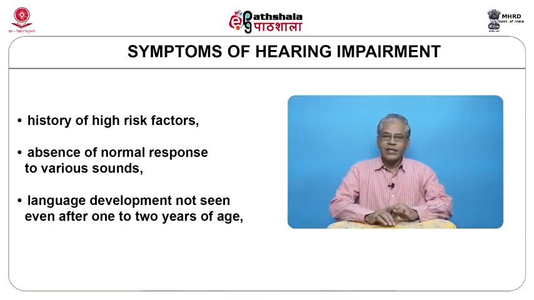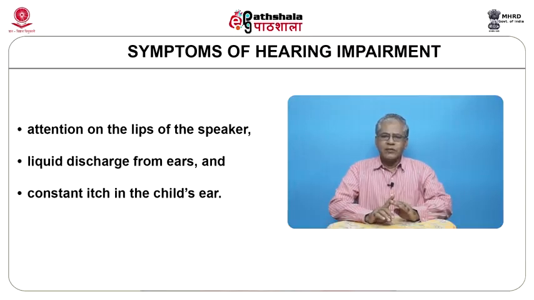A child with a hearing impairment can be identified during childhood through symptoms such as a history of high risk factors, absence of normal response to various sounds, language development not seen even after 1 to 2 years of age, attention on the lips of the speaker, liquid discharge from ears, and constant itch in the child's ear.